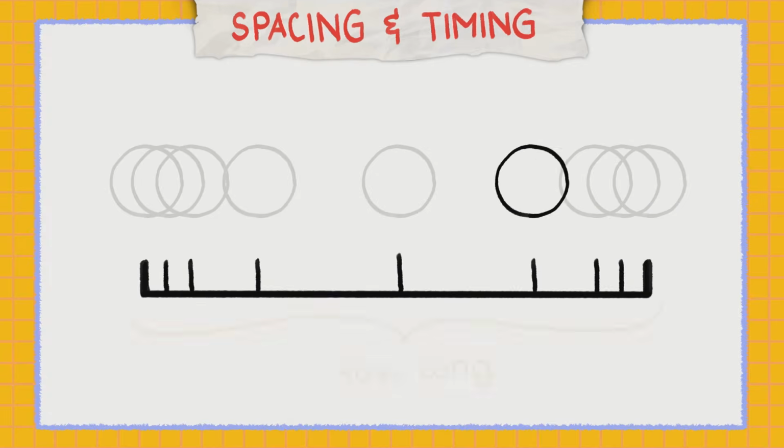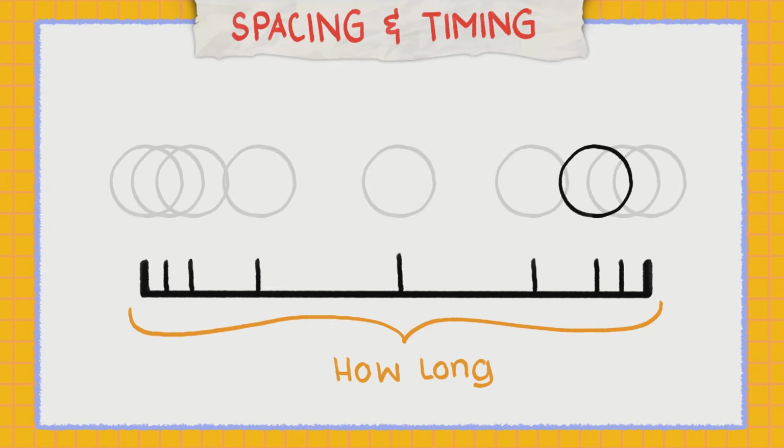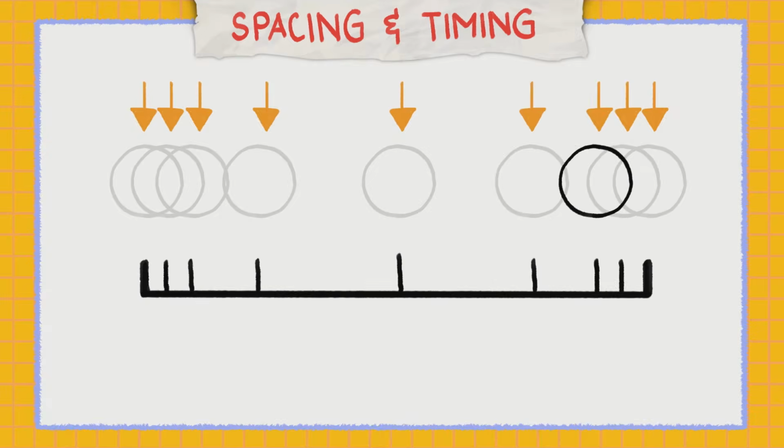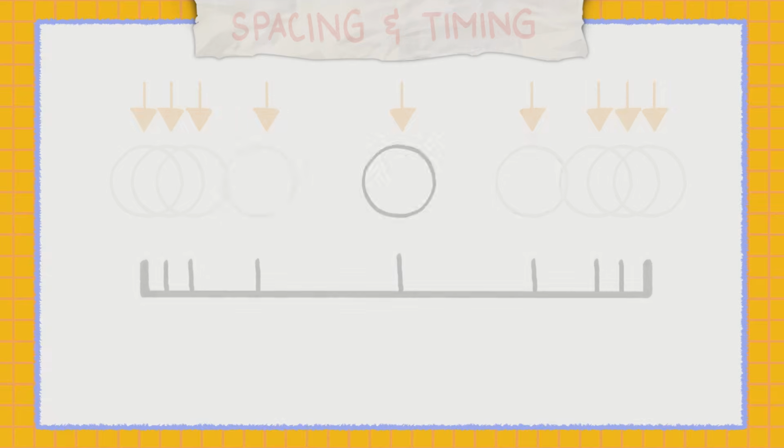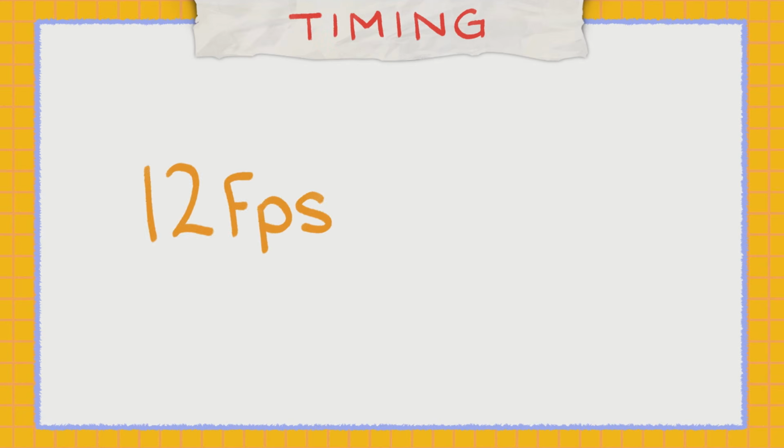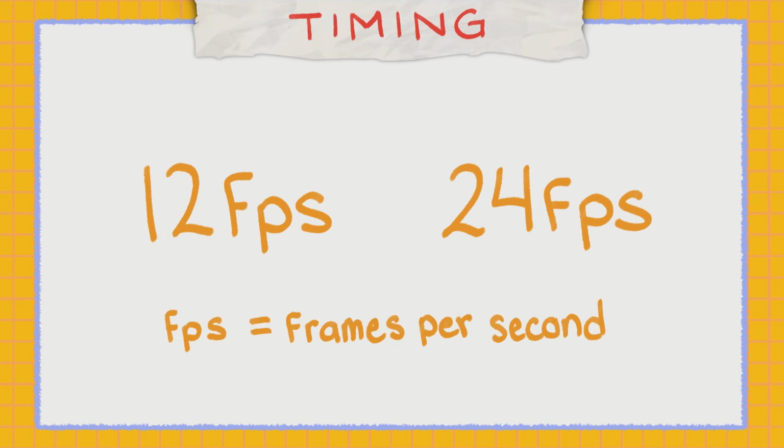Timing is more focused on how long a drawing will last on screen, and spacing is more focused on where the drawings are being placed. Let's talk about timing first. You might have heard the term 12 FPS and 24 FPS in animation, meaning how many frames will be in a second.